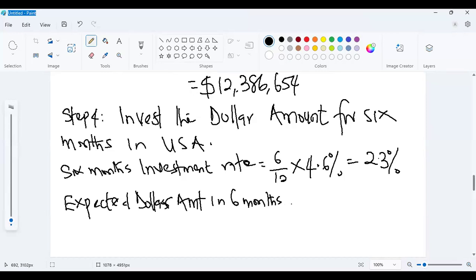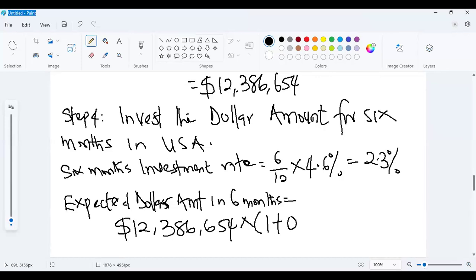That will equal to, look at it, we are going to invest 12,386,654 for 6 months at the rate of 2.3, multiplied by 1 plus the investment rate, 0.023.